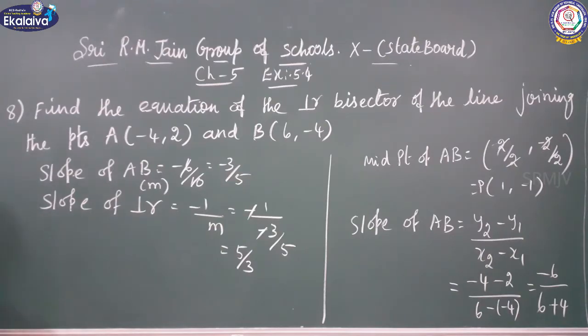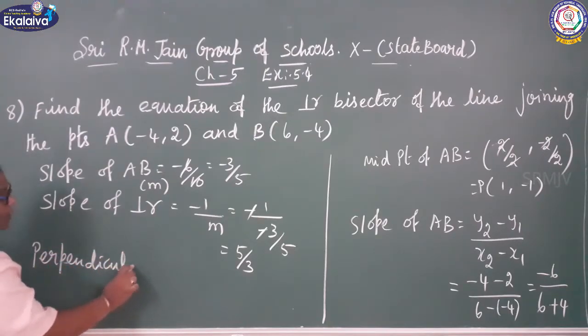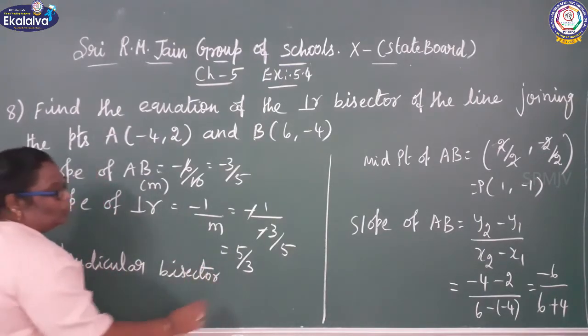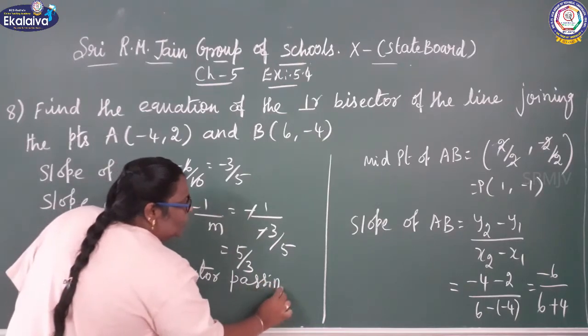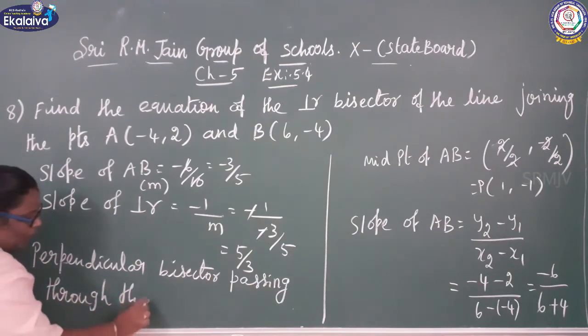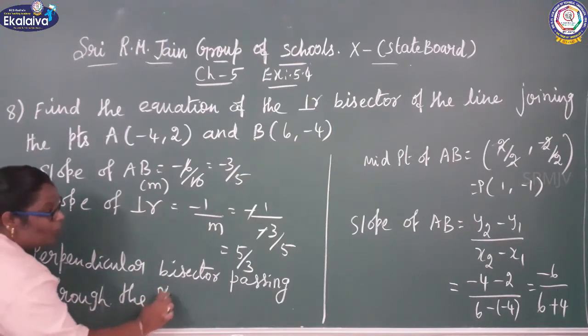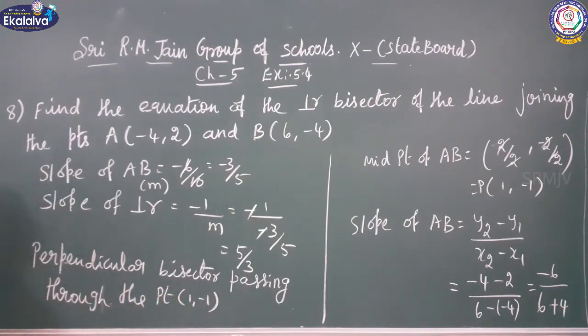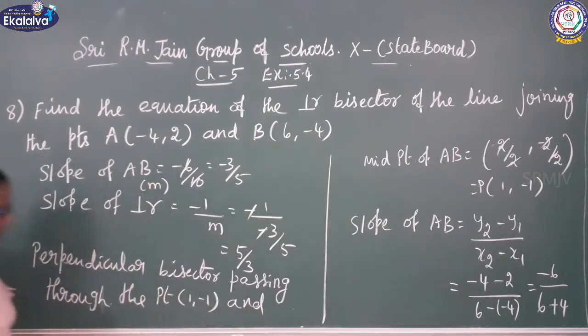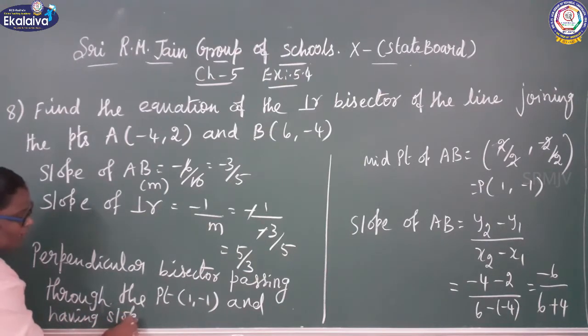The perpendicular bisector passing through the point 1 comma minus 1 and having slope 5 by 3.